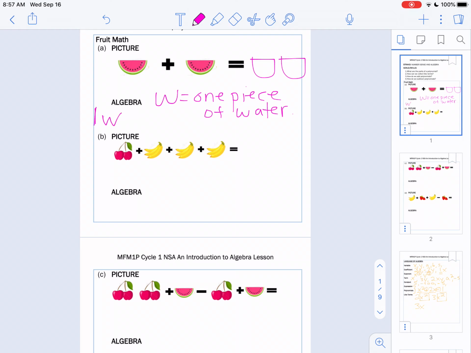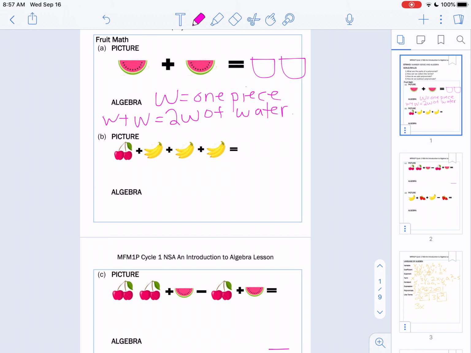Remember, I can put a 1 here, but I don't have to. 1 watermelon plus 1 watermelon. And I can make it into an equation by putting an equals 2 watermelons. So remember the numbers in front, the coefficients, are how many there are.